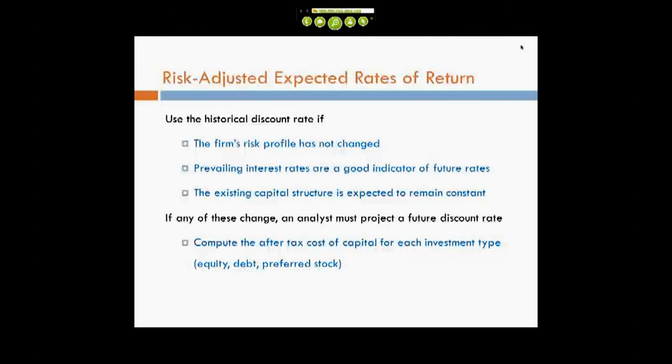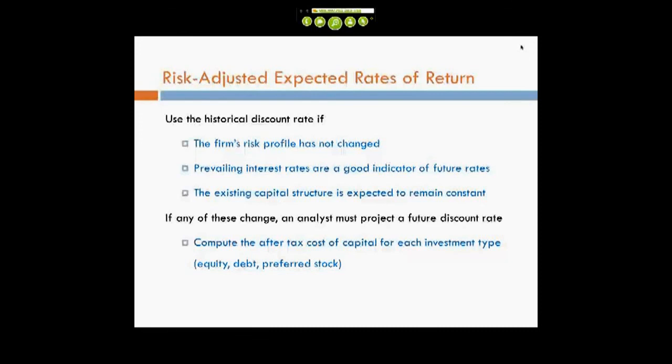And of course, the firm's risk profile hasn't changed. One of the attributes of a risk profile is the capital structure, financial leverage, and if the financial leverage is expected to change going forward, then the risk profile changes along with that, either more risky or less risky, retiring debt or taking on new debt. So you need to project a future discount rate.